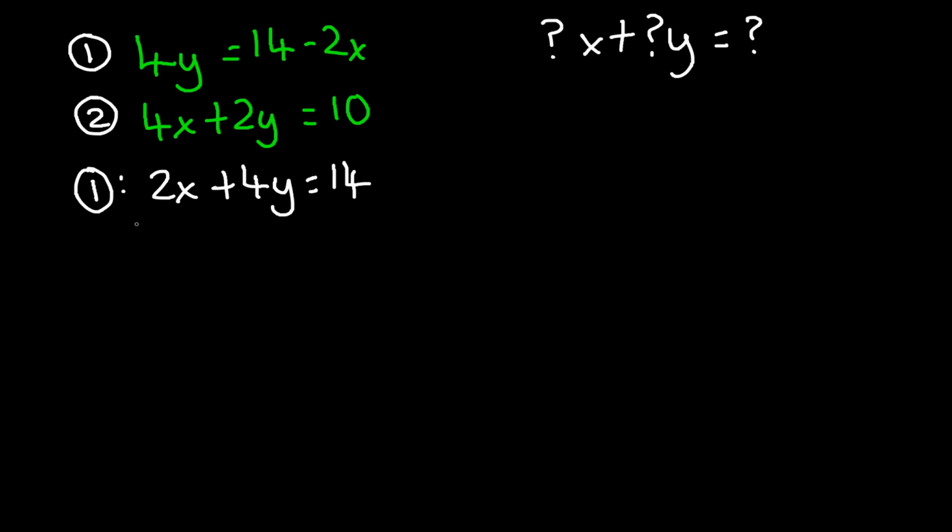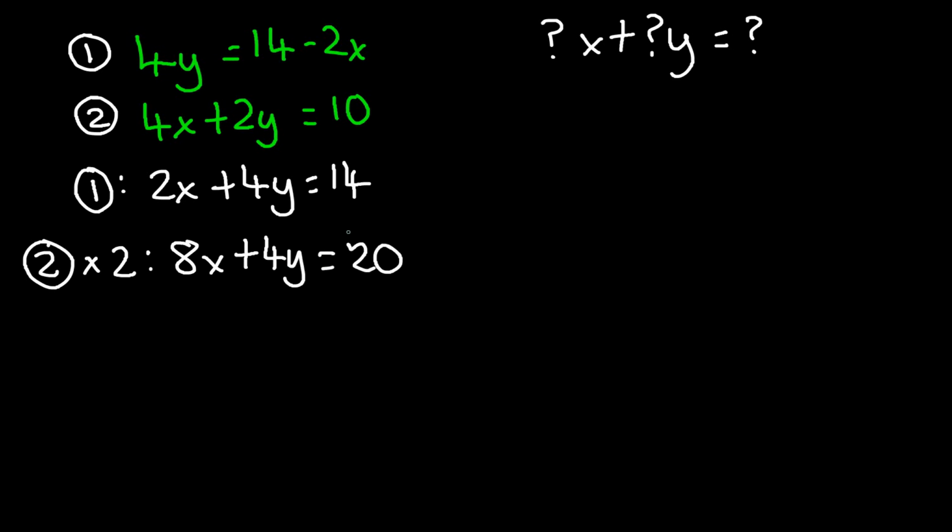So what we should do is either multiply equation 1 by 2 to make these coefficients equal, or multiply equation 2 by 2 to make these coefficients equal. Let's multiply equation 2 by 2, which gives us 8x plus 4y is equal to 20. So now our coefficients of y are the same.